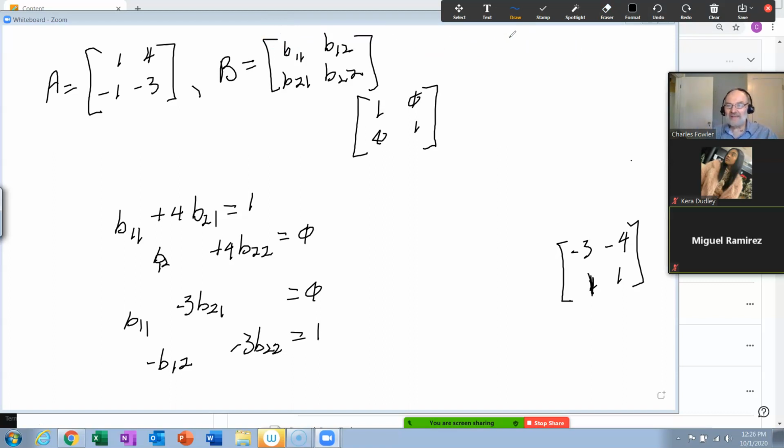Now what did we see we had here? If you looked at these 2 equations, I took them out, and I'm putting them back in now. Notice the coefficients here.